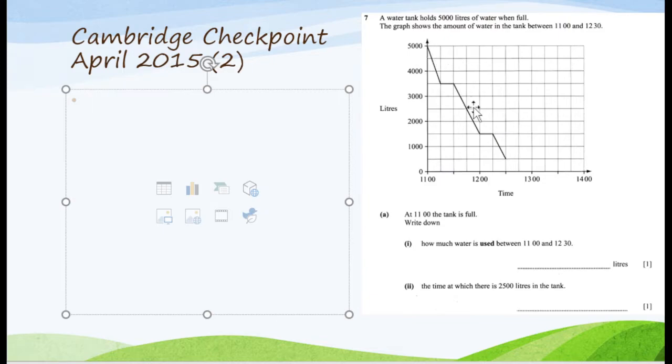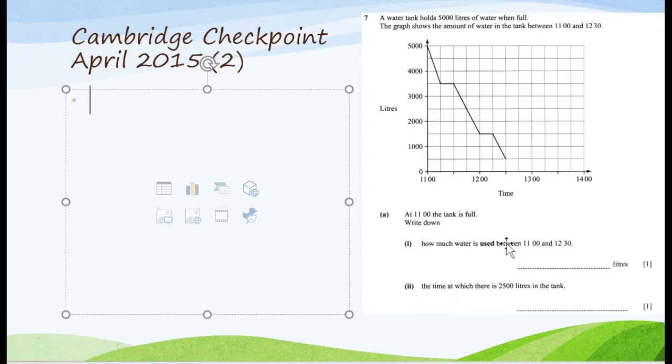And then at 12 o'clock, the tank holds this much, which will be 1,500 liters, between 1,000 and 2,000. So I think I get the meaning of this graph.